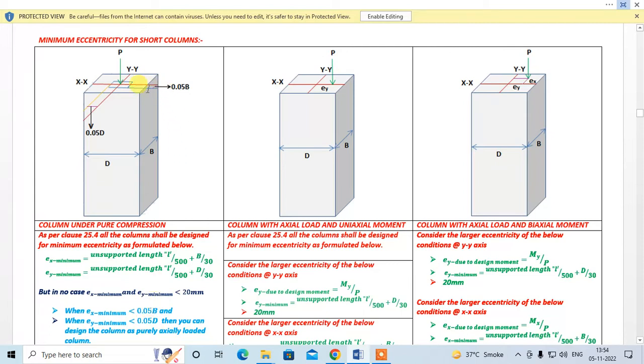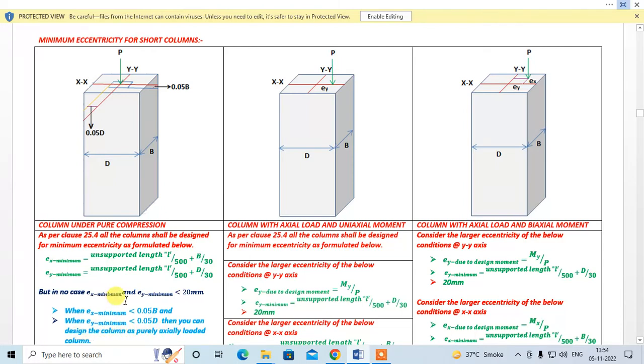When ex minimum is less than 0.05 b, this is your b and this is your 0.05 b, and ey minimum is less than 0.05 d, this is d, then only you can design the column as a pure axially loaded column.